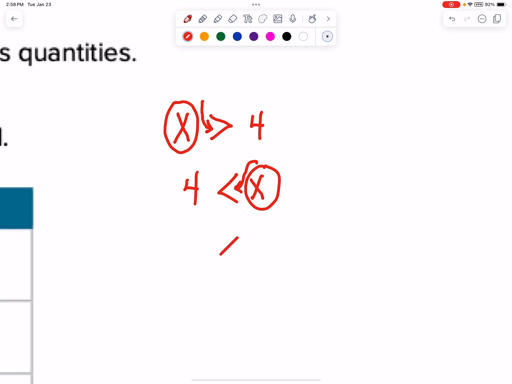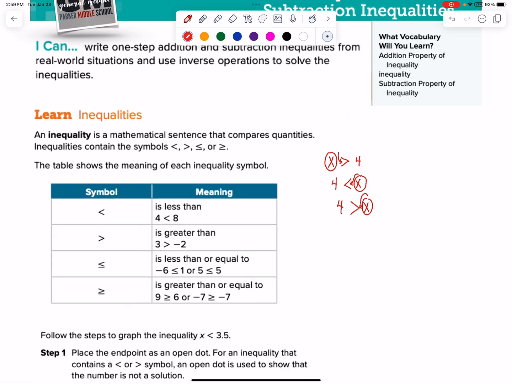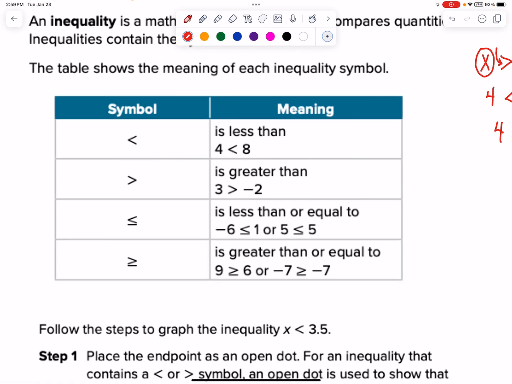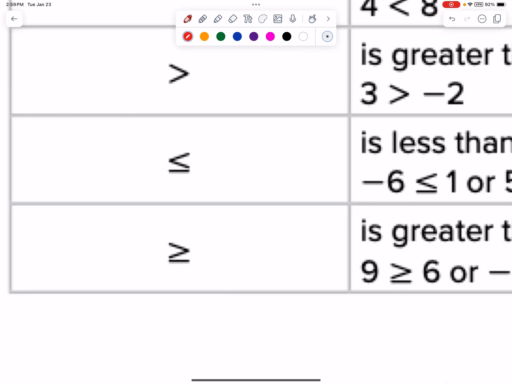So if we have a symbol like this, then from the x, you can see the small side is first. So this is x is less than 4. So always read from the x is my best advice to you when you're doing this. So we have is less than, greater than, and then this right here, we know means is equal to.